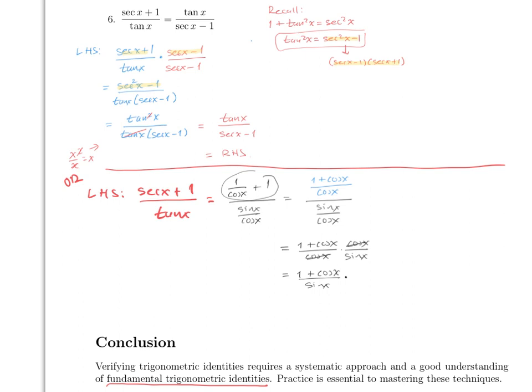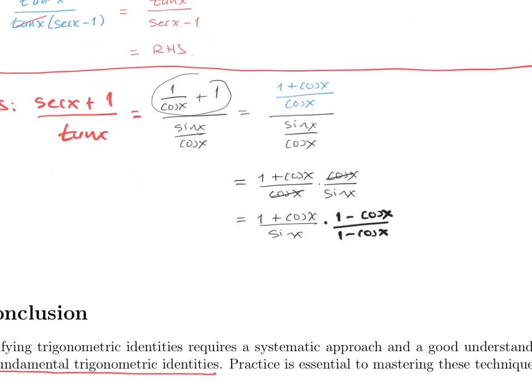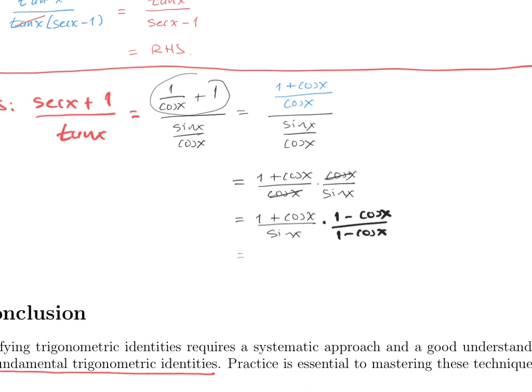From here, you can multiply by 1, for example, 1 minus cosine over 1 minus cosine. This will give you 1 minus cosine squared x, which we already know is just sine squared, over sine x times 1 minus cosine x.